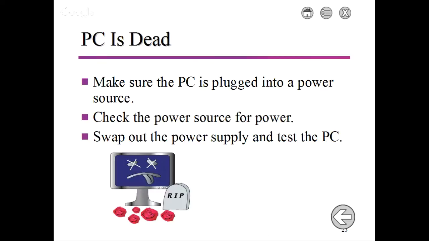We're going to have another topic later in the class about power supplies and how to test them. They're pretty easy to test. If you don't have a tester, the other option is to try a different power supply if you have another one.